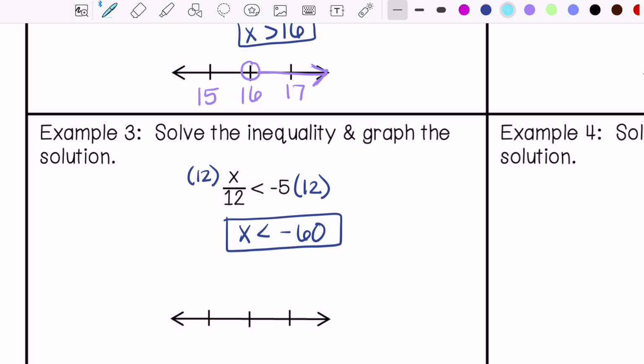I'm just going to do something that can be easily divisible by 12. Let's do negative 72 divided by 12. It's negative 6. So the statement is true. Open circle.